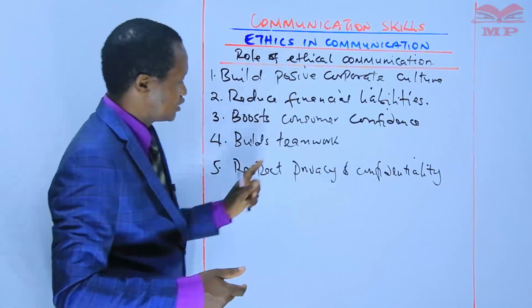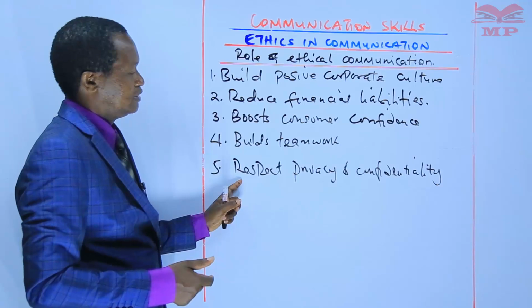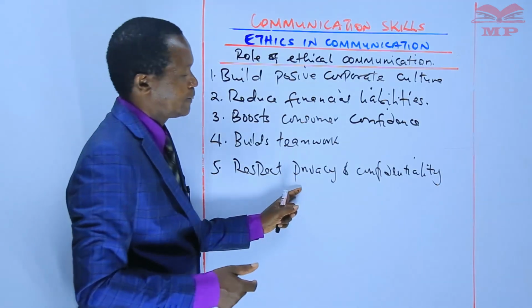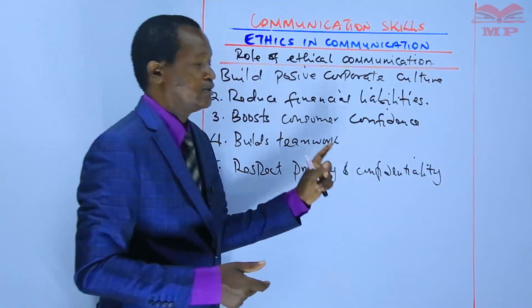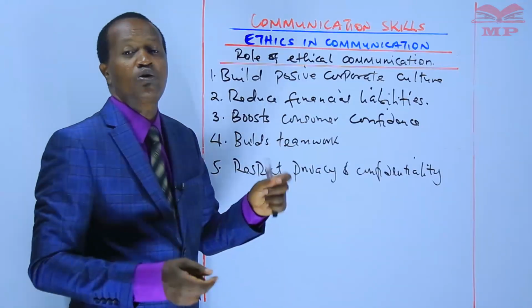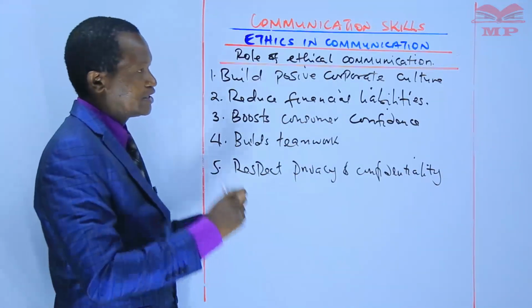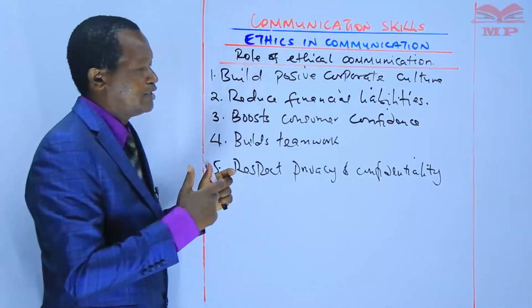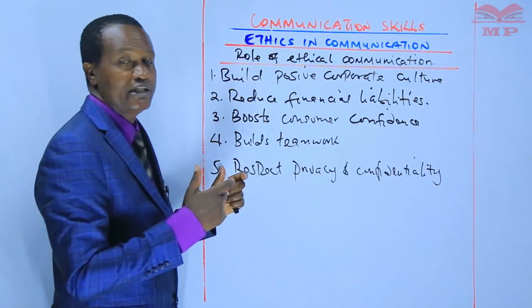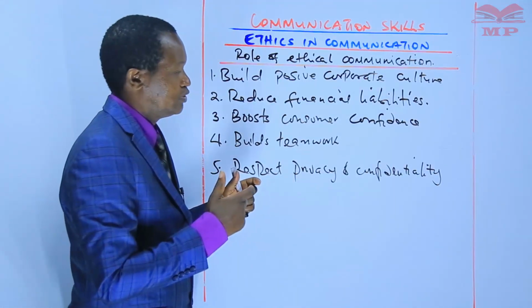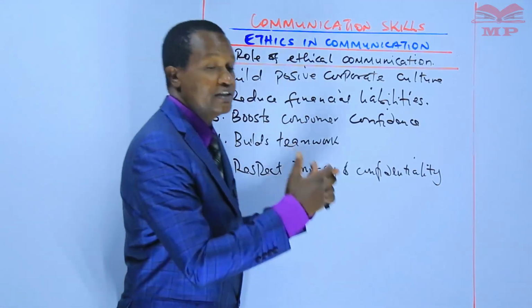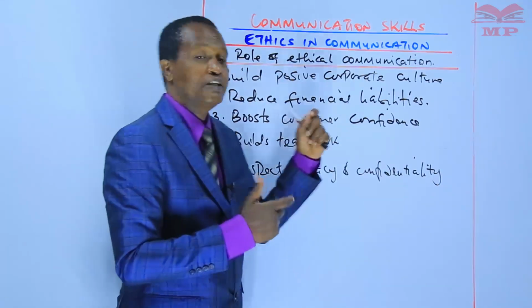So ethical communication can help a company to respect privacy and confidentiality, especially the confidentiality of clients. Because when a company interacts with a client, the company will inevitably get to know or have access to private or confidential information.